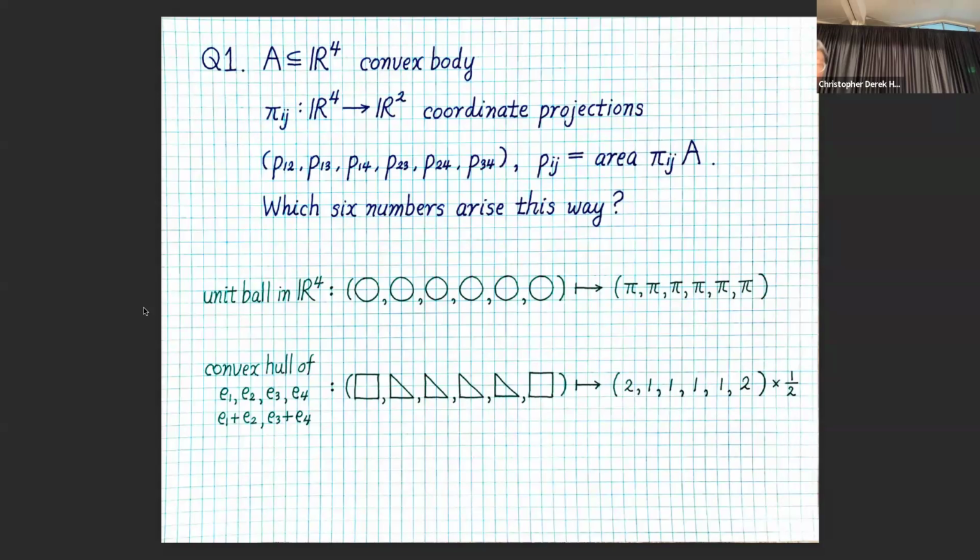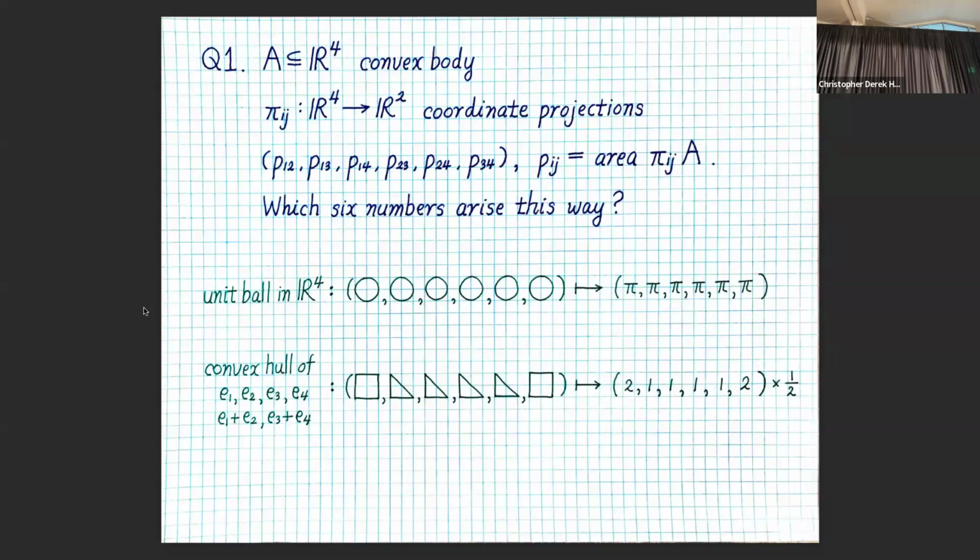You can try some interesting polytopes. For example, the convex hull of the 4 standard basis vectors together with E1 plus E2 and E3 plus E4. So basically, all the projections will be the standard triangle, except for the 1, 2 projection and the 3, 4 projection, where you also have a point at 1, 1.